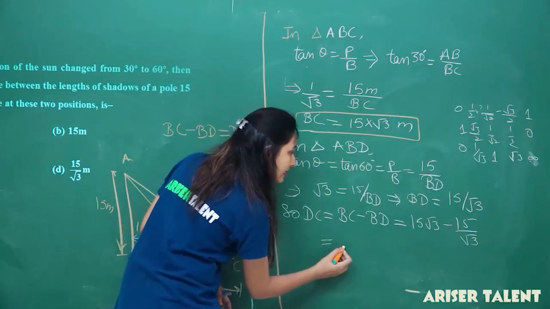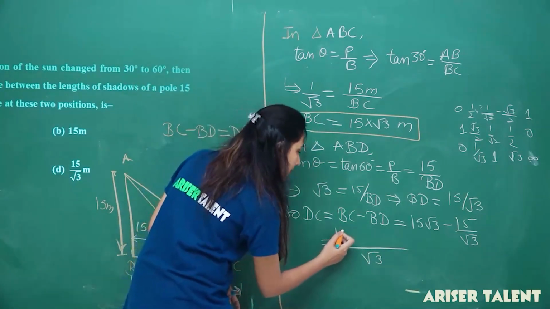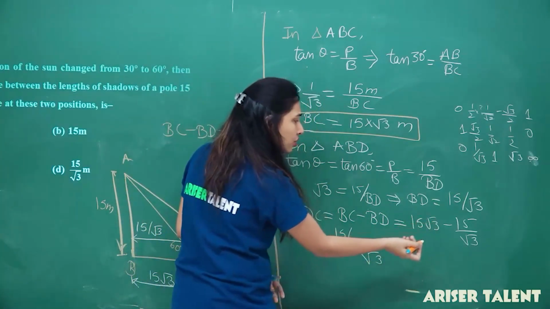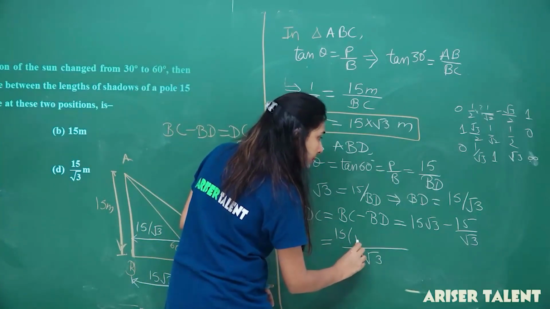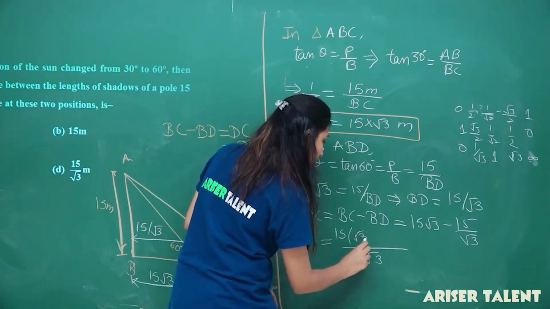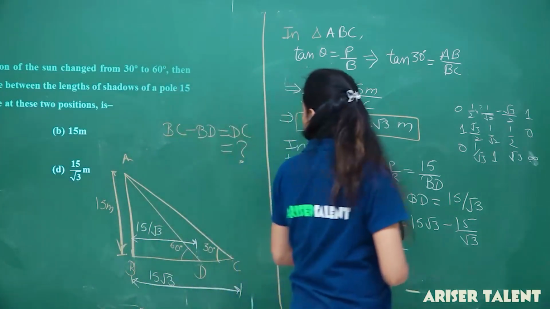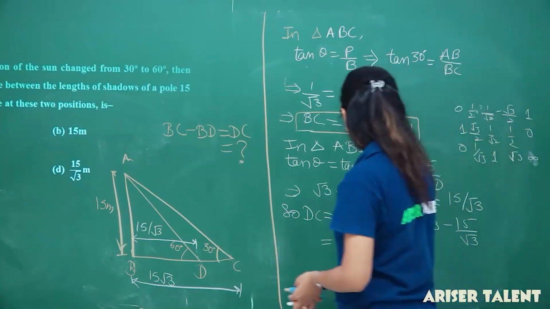I'll just take the LCM, √3, and keep the 15 common. Then it will be √3 minus 1, right students? So there will be 15 (√3 minus 1).